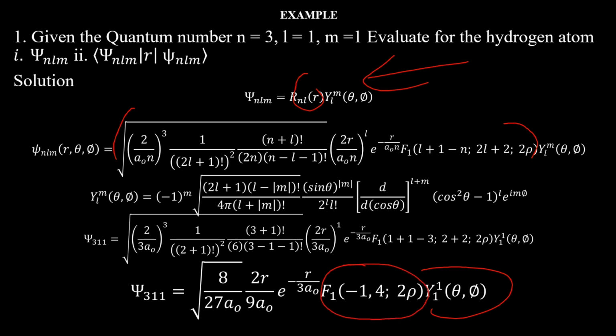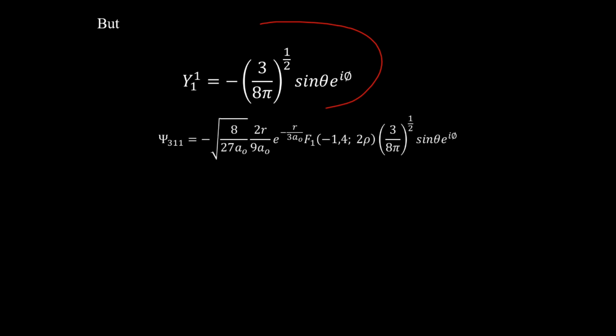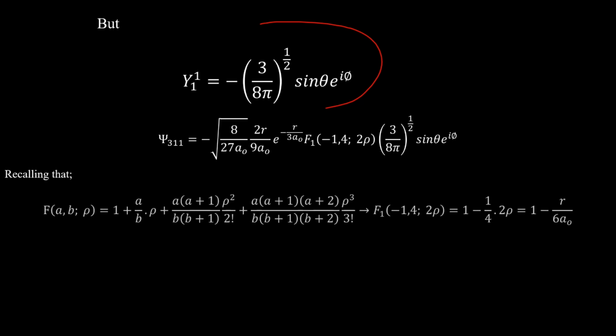If we do this expansion, we have this as the angular part for m equals 1 and l equals 1, and we substitute it back. Our hypergeometric function is given by this, which is its expansion.